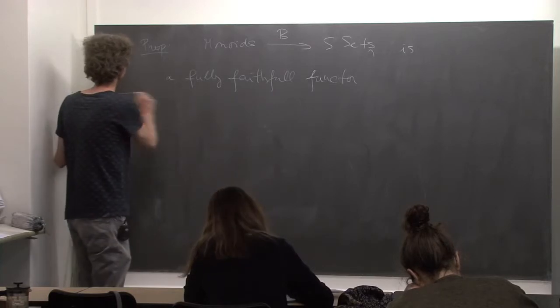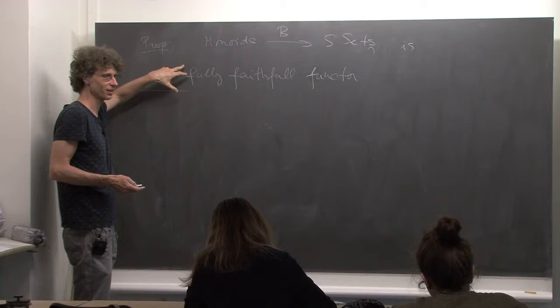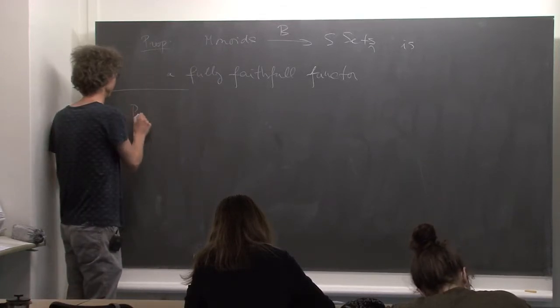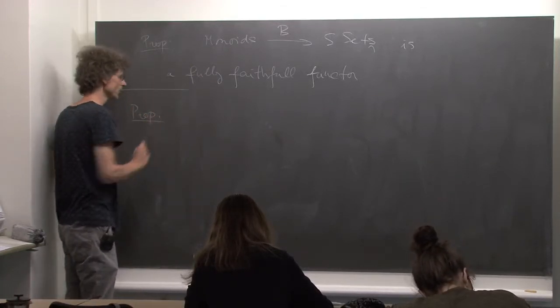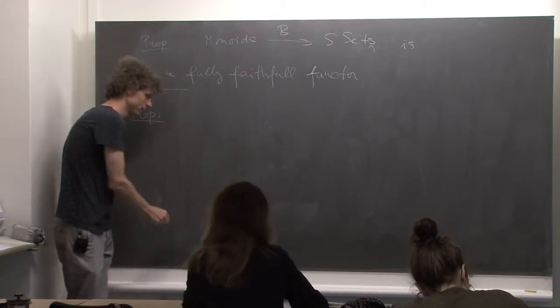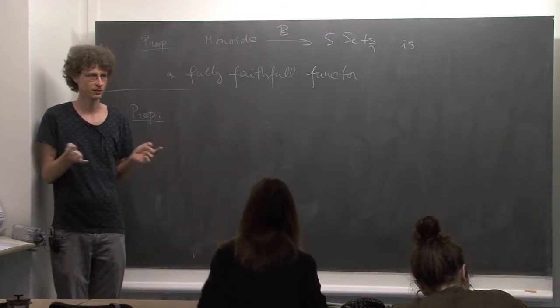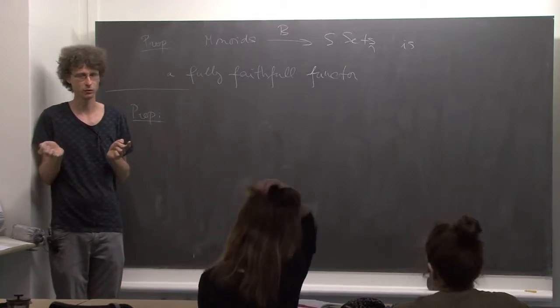Okay, now another proposition which we're actually going to use, unlike this one. The question is whether, if somebody gives you a simplicial set, you can recognize that it's the nerve of something.